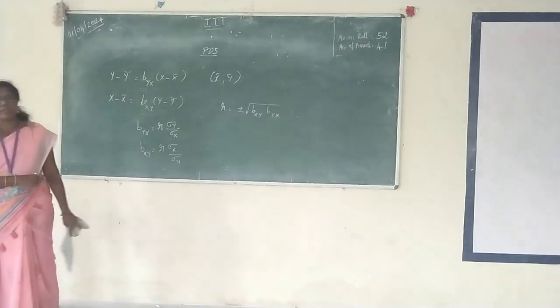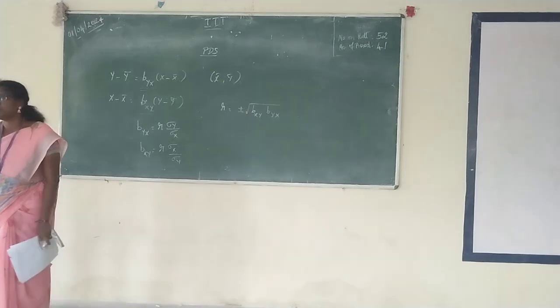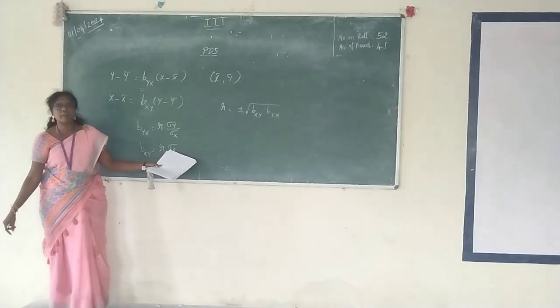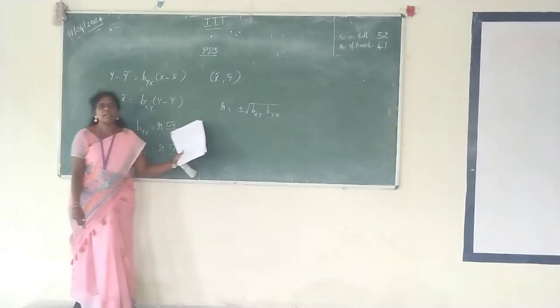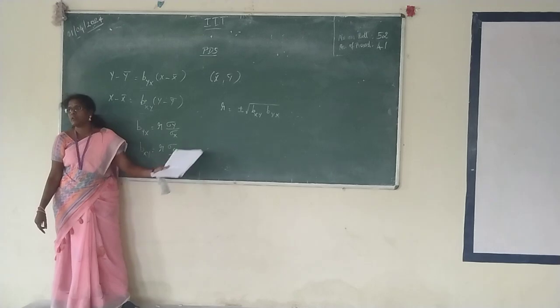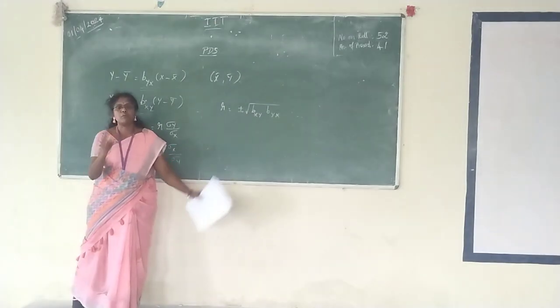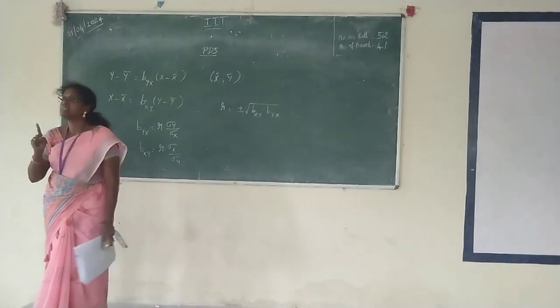How to decide that? The correlation coefficient and the regression coefficients will have the same signs. So if the regression coefficients are positive, then you will write the R value as positive. If the regression coefficients are negative, you will write the R value as negative. Both the regression coefficients and the correlation coefficient will have the same signs.